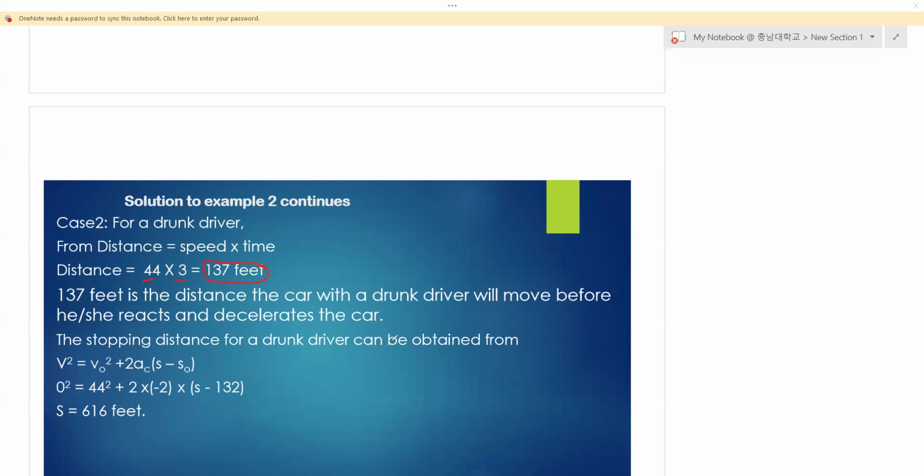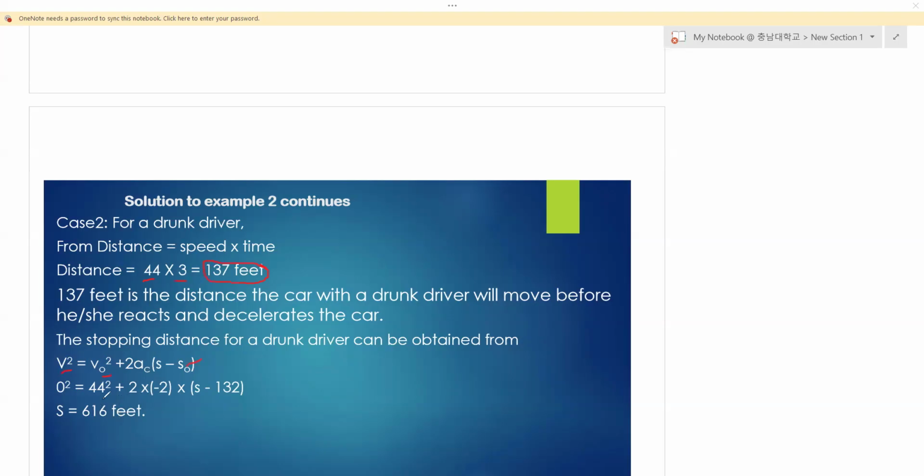After knowing that, we need to find the final distance that this person took to stop. The stopping distance for a drunk driver can be obtained from the same equation, which is v squared equals v naught squared plus 2a(s minus s naught). We know s naught is 137, the final velocity is 0, and the initial velocity is 44.